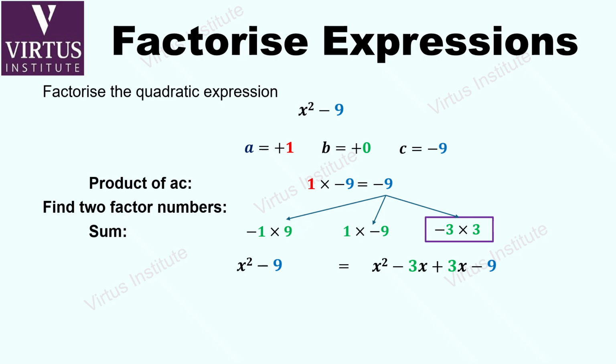Now, factorizing the first two terms becomes x multiplied by the sum of x and minus 3. And factorizing the last two terms becomes 3 multiplied by x minus 3.